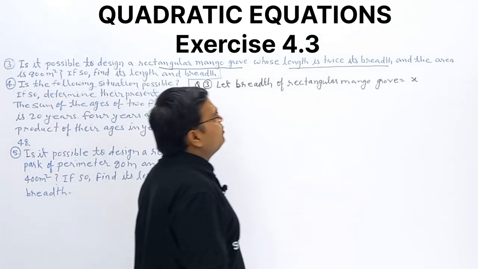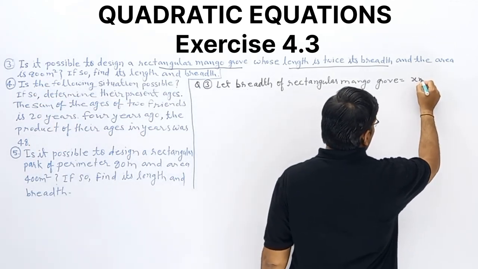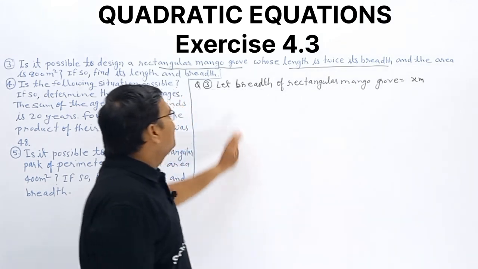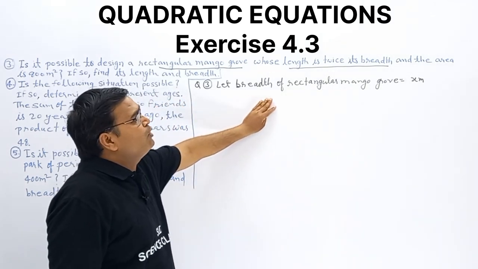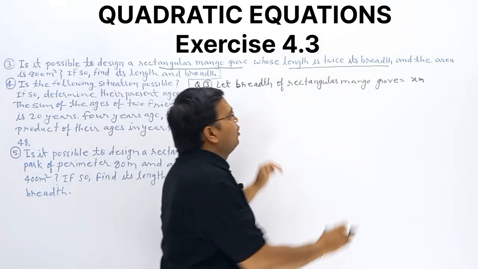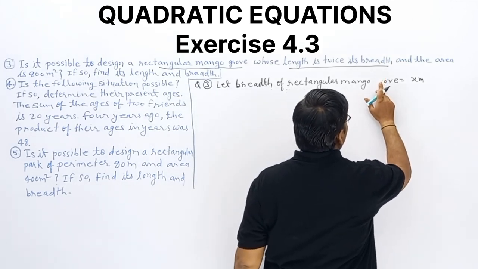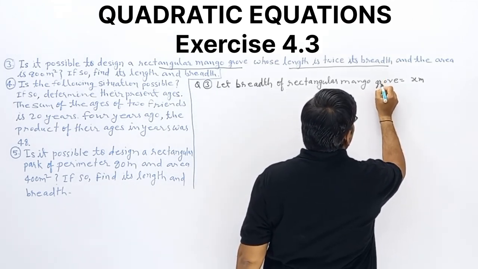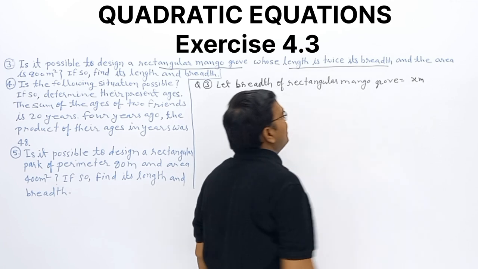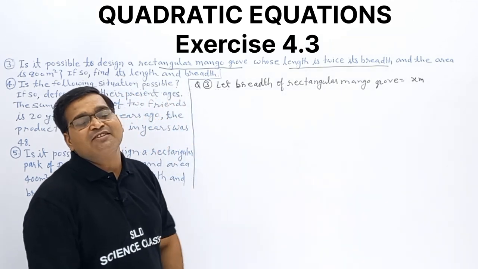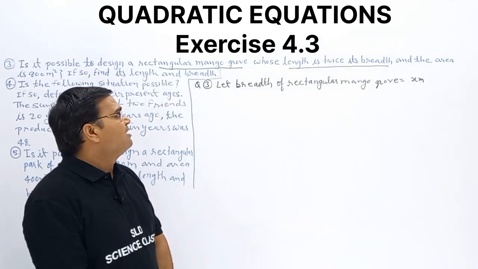Area is in meters, so we assume the unit is meters. So the breadth of the rectangular mango park is x meters.